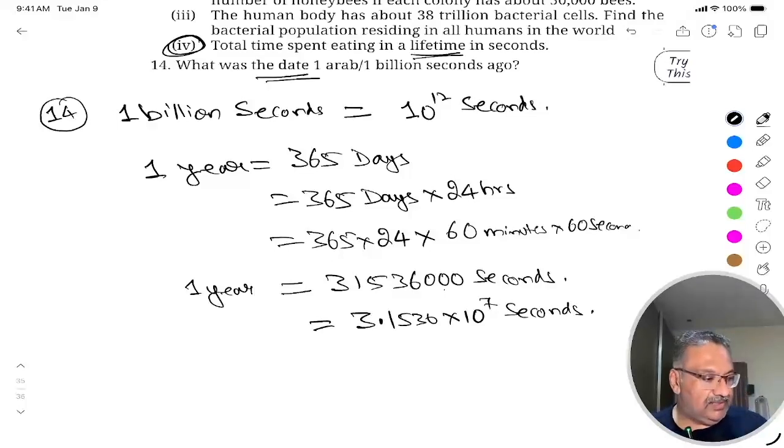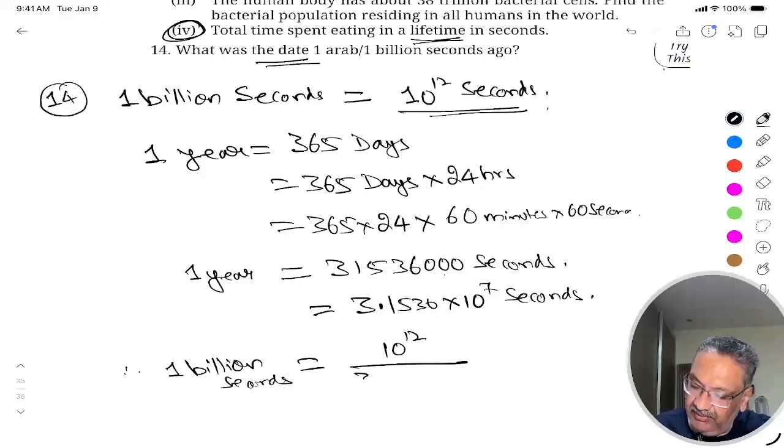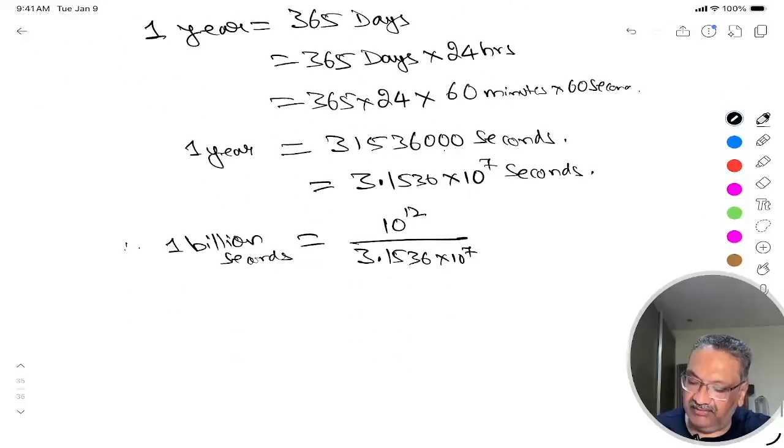1 billion seconds means 10 to the power of 12 seconds. So let's convert it into years. Therefore, 1 billion seconds is equal to 10 to the power of 12 divided by 3.1536 into 10 to the power of 7.